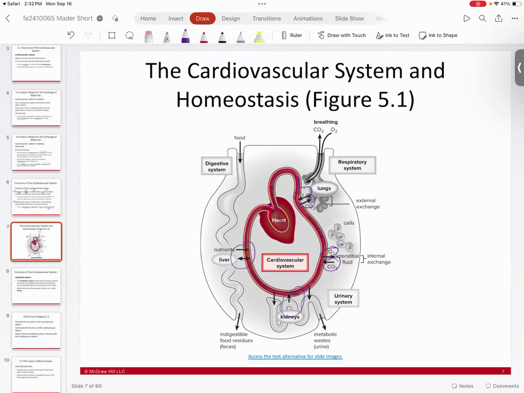The other thing is that when you take a look at the blood vessels, your circulatory system is a closed system. If your system is complete, not damaged, not injured, the blood should never leave your blood vessels. It's a closed and pressurized system.